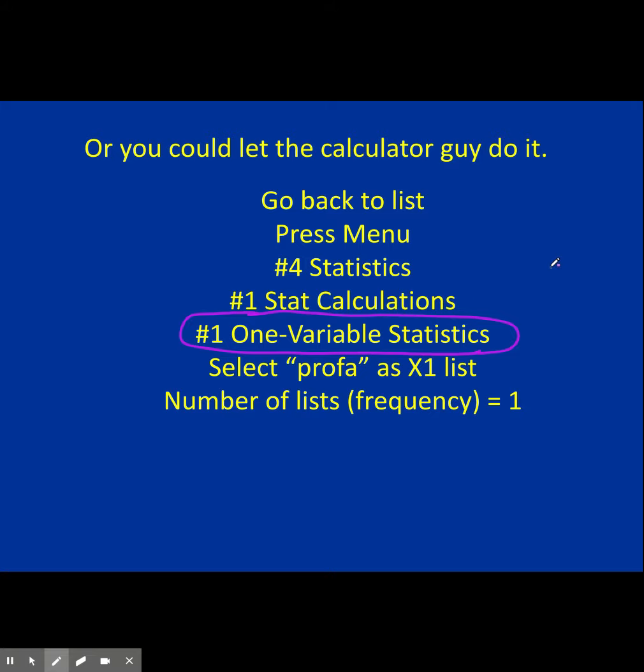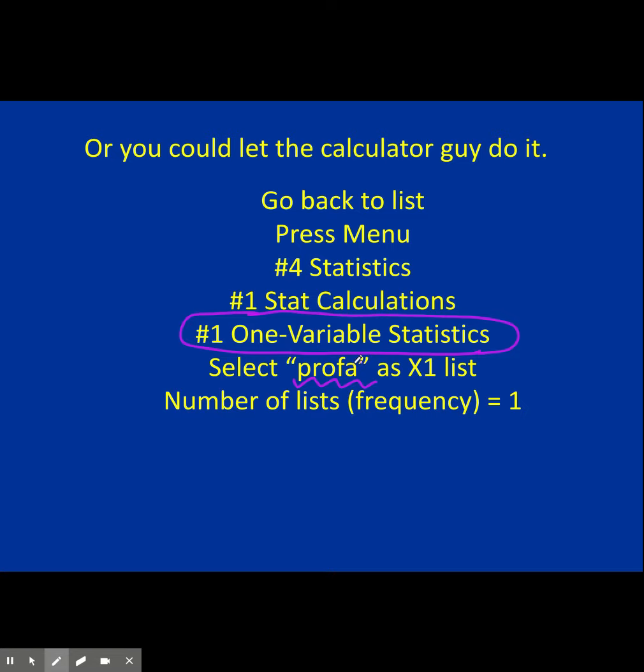There are some instructions here on the screen that tell you how to go through and actually do that. Essentially, you go back to your original list of data, press the menu button, look for statistics, click stat calculations, and then one variable statistics. Then you want to make sure you select the right column. I gave it a name.